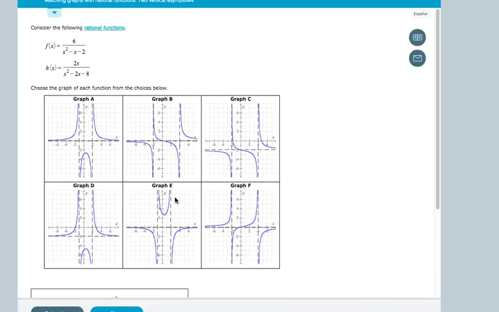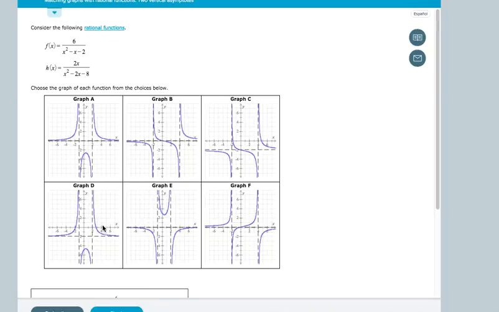So let's look at what has positive 2 and negative 1 as vertical asymptotes. And it looks like these three here, A, D, and E, have positive 2 and negative 1 as vertical asymptotes. Okay, so now I can look at some of my positive and negative intervals.